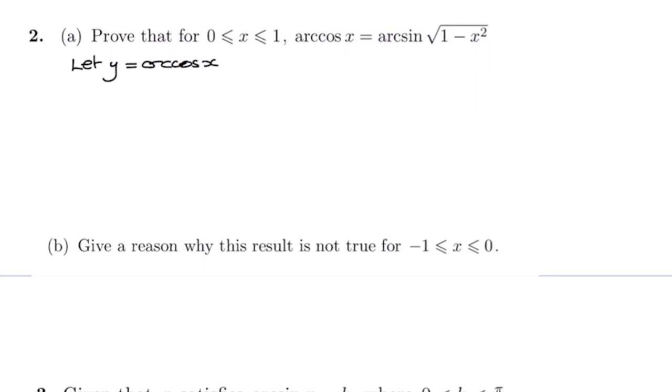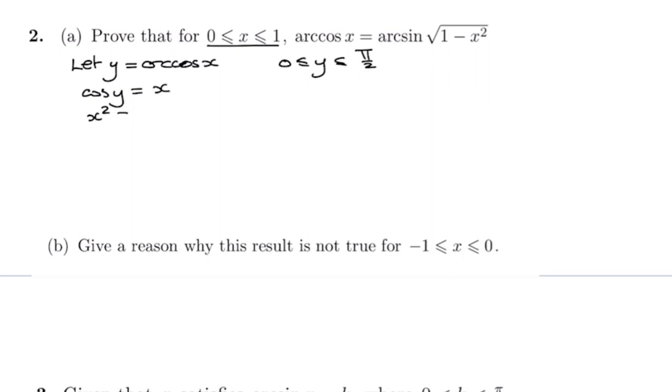And of course if x is between 0 and 1, then y must be between 0 and pi over 2, according to the arc cos wave, if you remember your arc cos wave. Right, if I cos both sides, I'm going to get cos of y equals x.